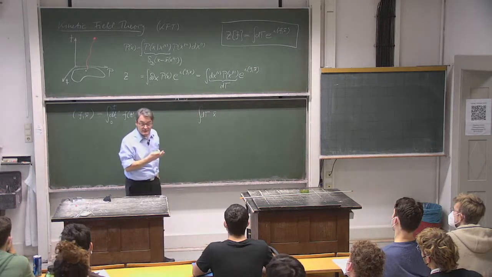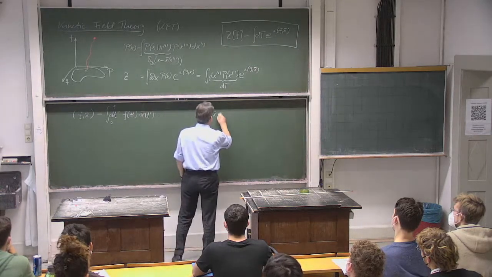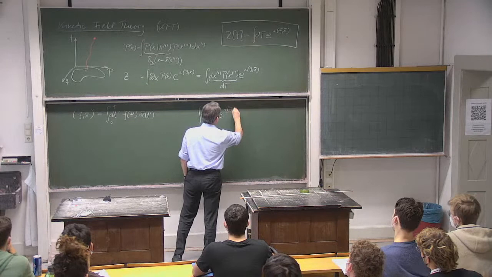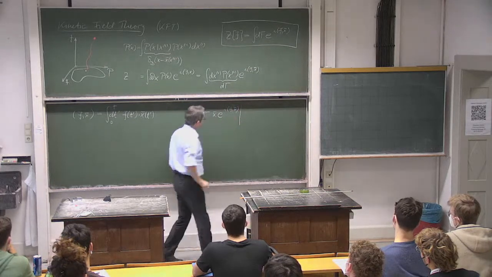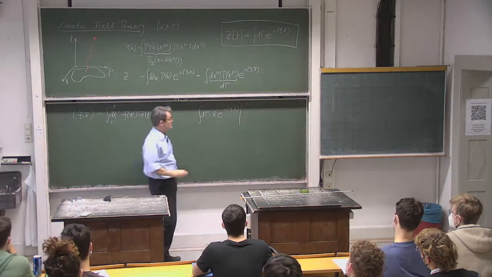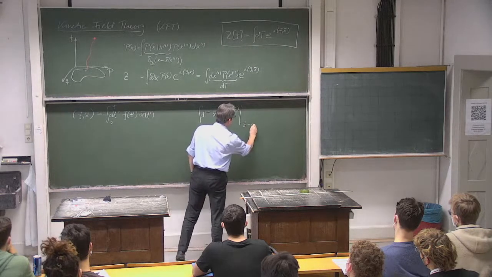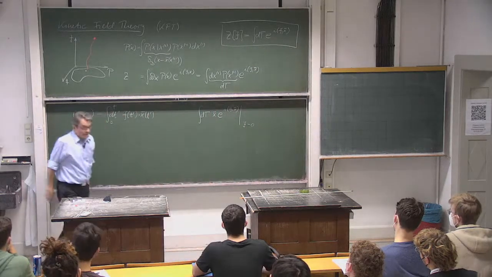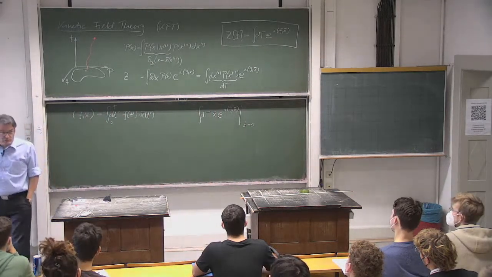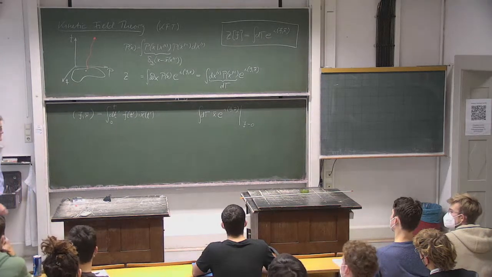How do I get this now? I'm going to evaluate this at J equals 0. And this will be the average particle position at time t.